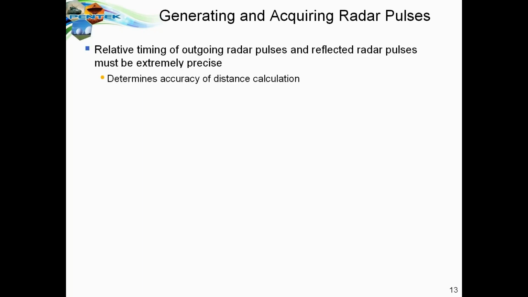Let's take a little closer look at how you generate and acquire radar pulses and then what you do with them. So the relative timing of the outgoing pulses and the reflected radar pulses must be extremely precise. Ultimately, this determines the accuracy of your distance calculation.